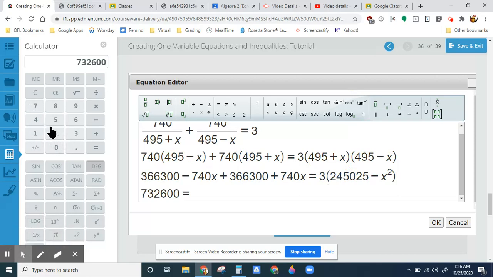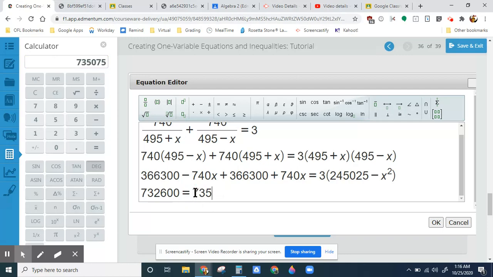I'm going to get 3 times 245,025, which is equal to, ironically, it gets really, really small, which is a good thing because that would be a really, really fast tailwind had we not gotten it a lot smaller.